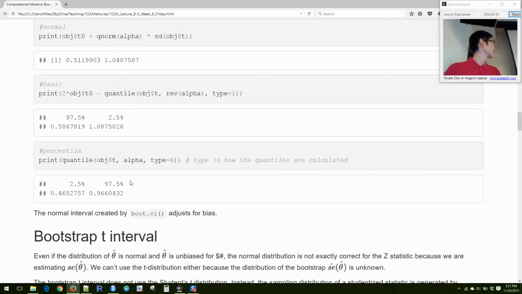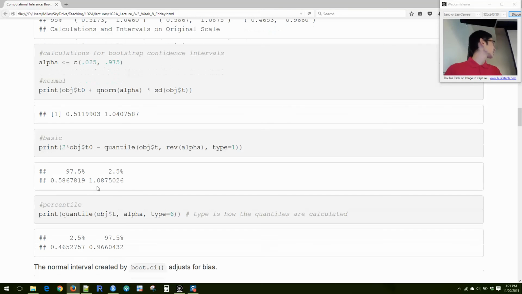Okay, I don't know. If we look at the properties of all of these confidence intervals, they seem to vary quite a bit. I guess it's hard to say which of these perform the best and which perform the worst.